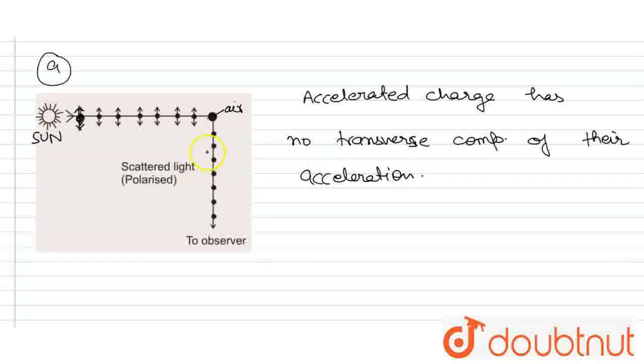So we can easily see that the scattered ray has only the perpendicular component, not the parallel component, in the propagating direction. So we get the polarized or plane polarized light after the scattering.